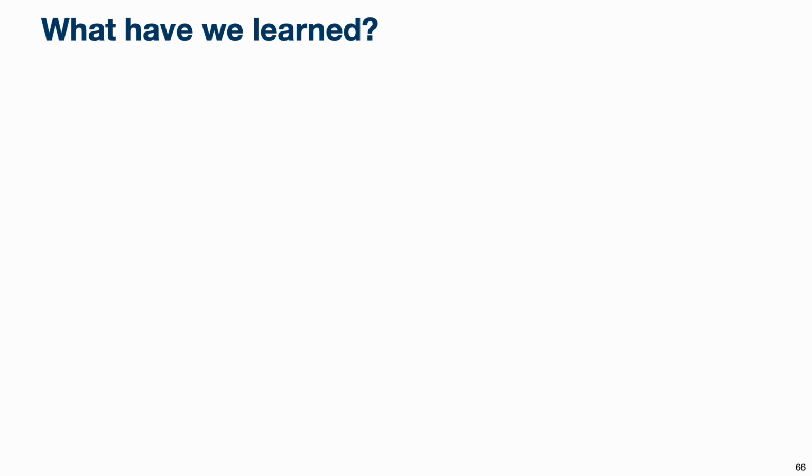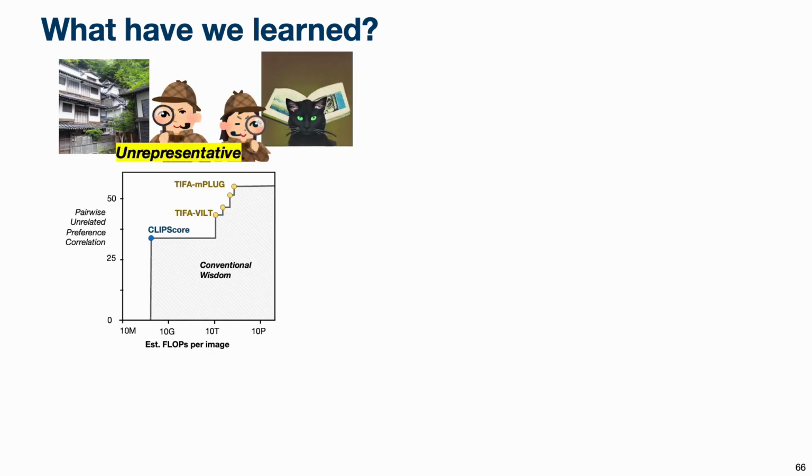So through this project, what have we learned? Well, the status quo before this project was that based on unrepresentative meta-evaluations, which don't really isolate the core characteristic we care about in text-image faithfulness, there was a flawed conventional wisdom that gave practitioners the wrong idea about the relative hierarchy of how good different text-image faithfulness metrics are.